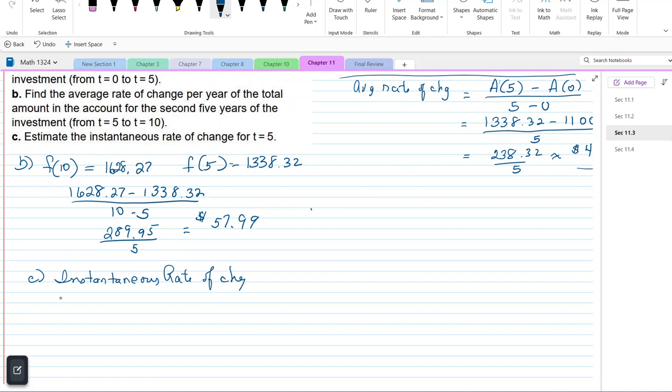So we're going to take the limit as h approaches 0. And we can use the value, but it's very difficult to do the exponent on it. So let's go ahead and work this out.